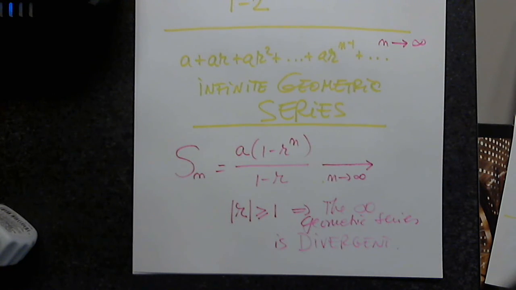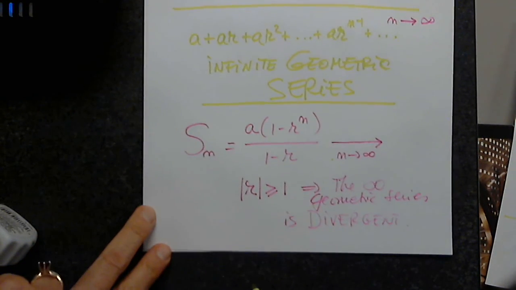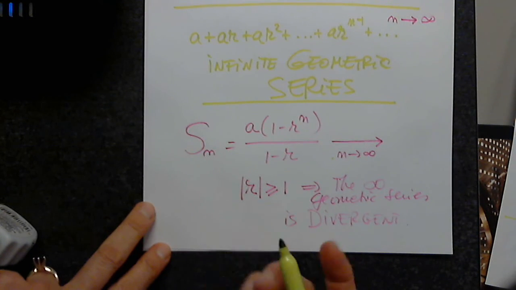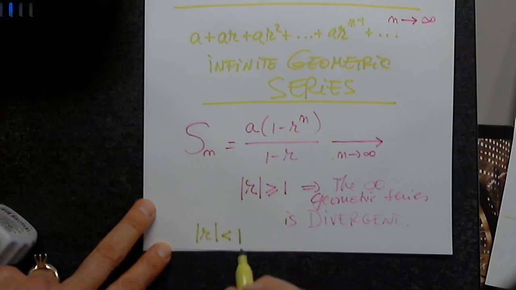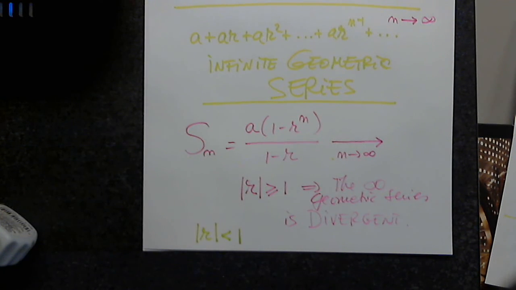But now let's think about a different situation. What if the absolute value of r is less than 1? So now imagine 1/2 here, or 1/3, or 1/5. 1/2 to the infinity.